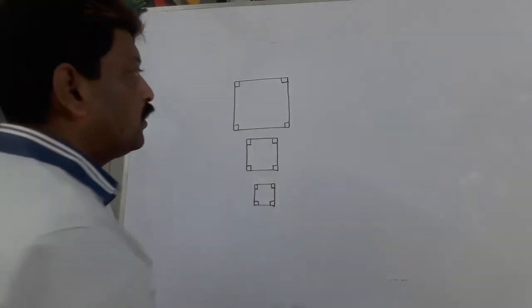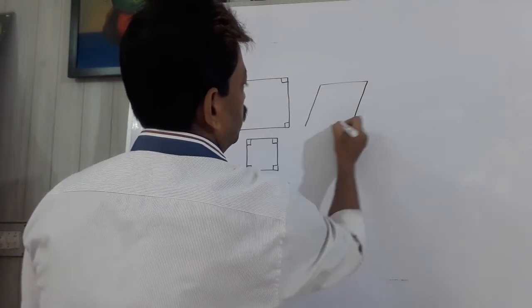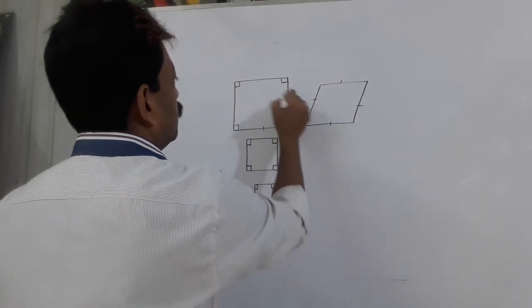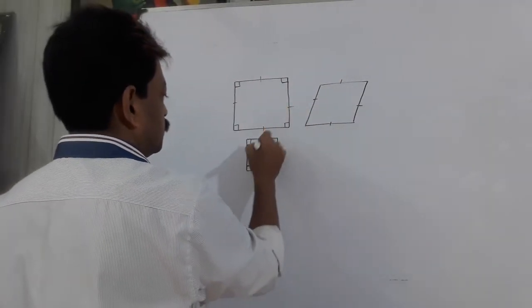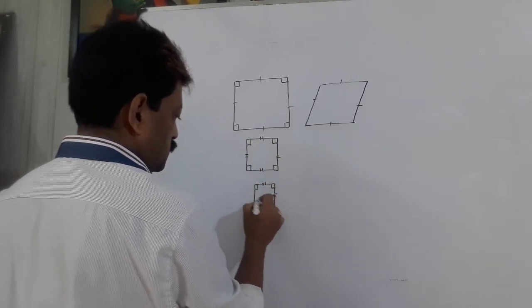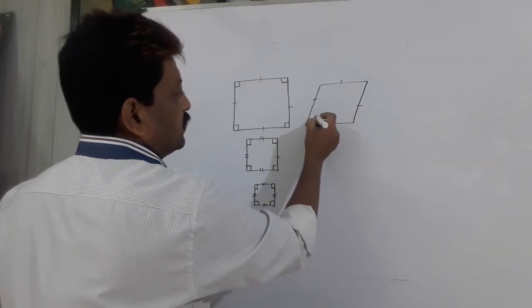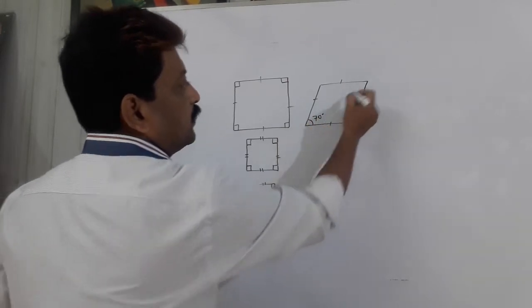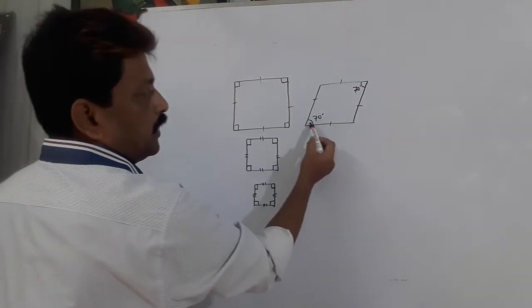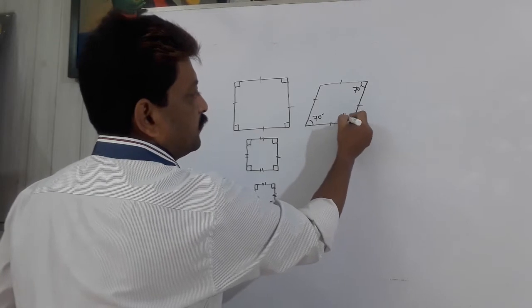But if we want to draw a rhombus, suppose this is a rhombus with all four sides equal. Here also all the four sides are equal. And here suppose this angle is 70 degree, then this will be 70 degree, and as we know that adjacent angles are supplementary, so it will be 110 degree.